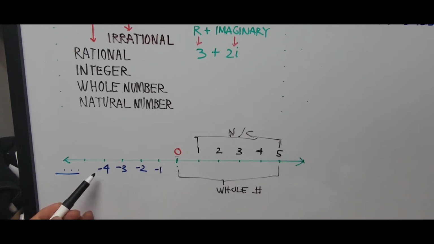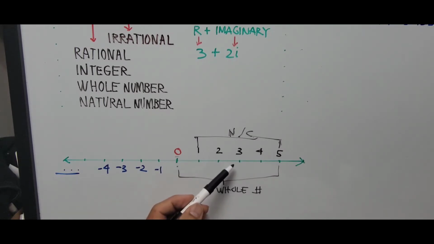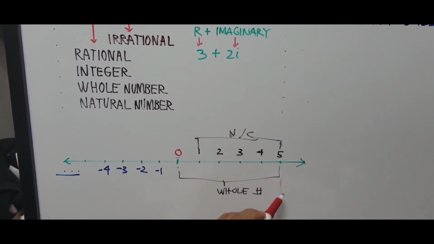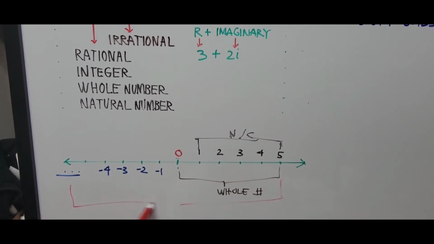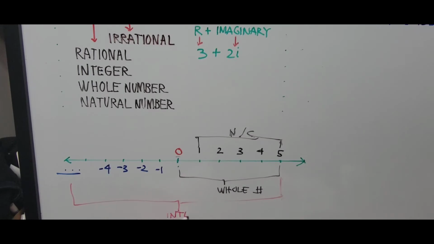These negative numbers, and now you have the 0, and then 1, 2, 3, 4, 5, and all that. These are called integers. That includes the 0, the positive numbers, and the negative numbers. That's the whole thing from here to there. So all of these are what we call integers.